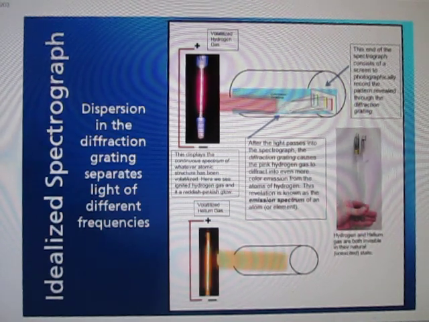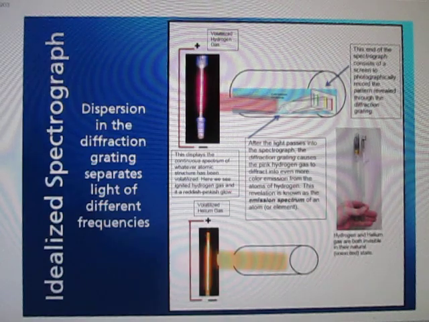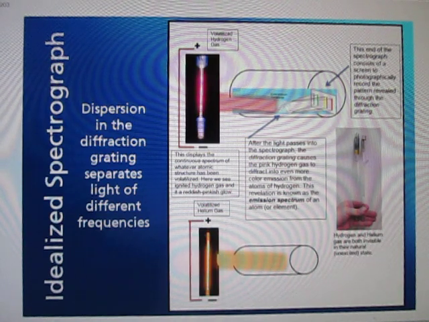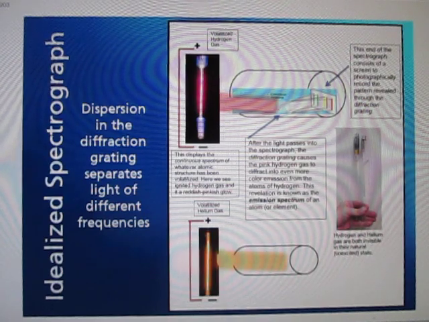Dispersion and diffraction grating separates light of different frequencies. That is the concept of the spectroscope. We see in this image the continuous spectrum of hydrogen being split into its characteristic lines and the continuous spectrum of helium being separated.